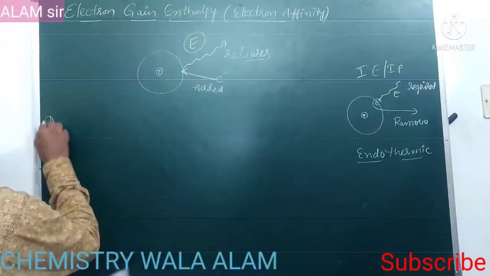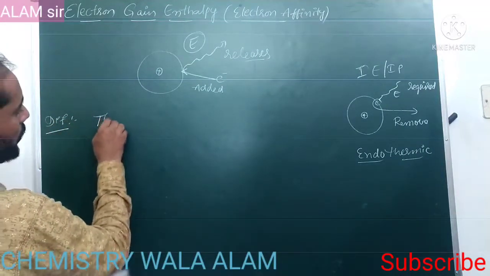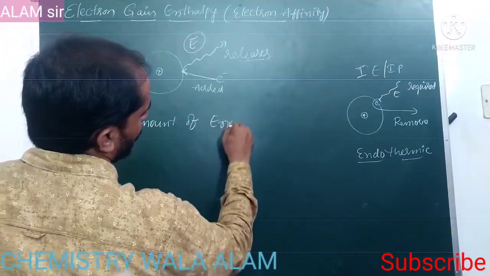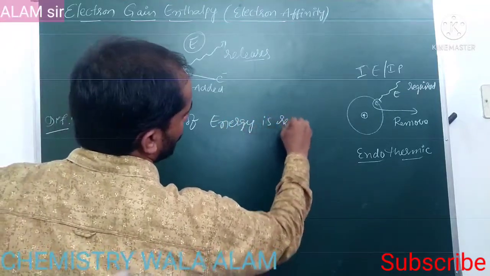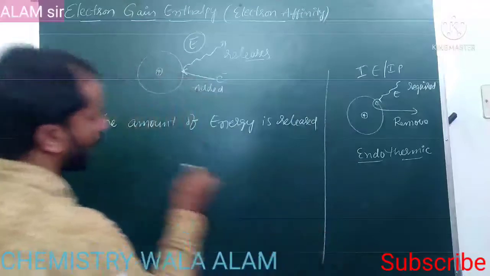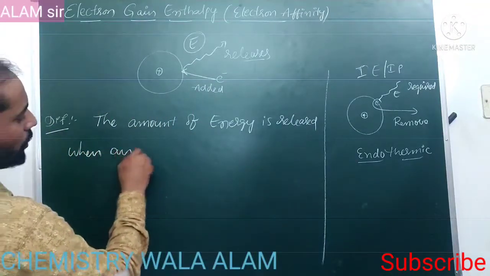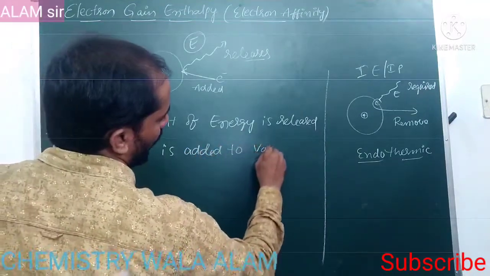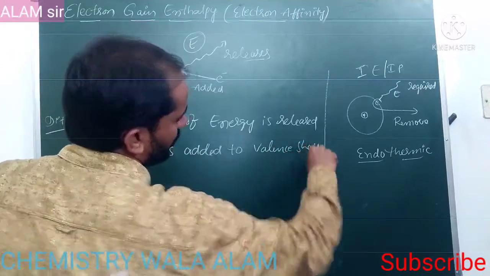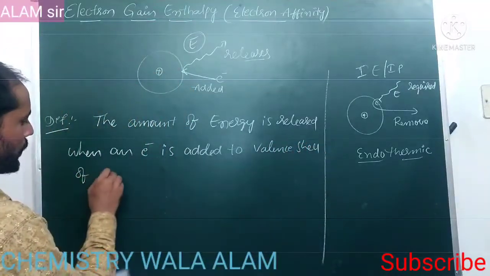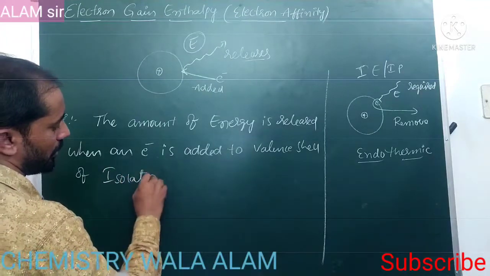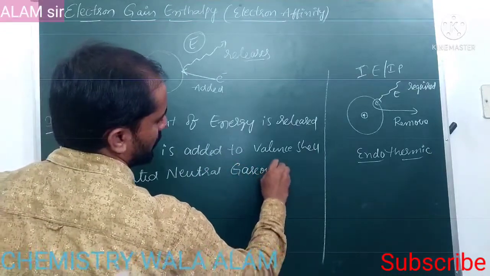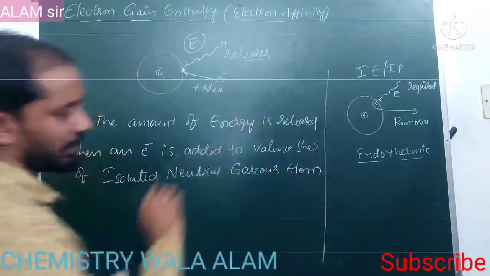By definition, the amount of energy is released when an electron is added to the valence shell of an isolated neutral gaseous atom.